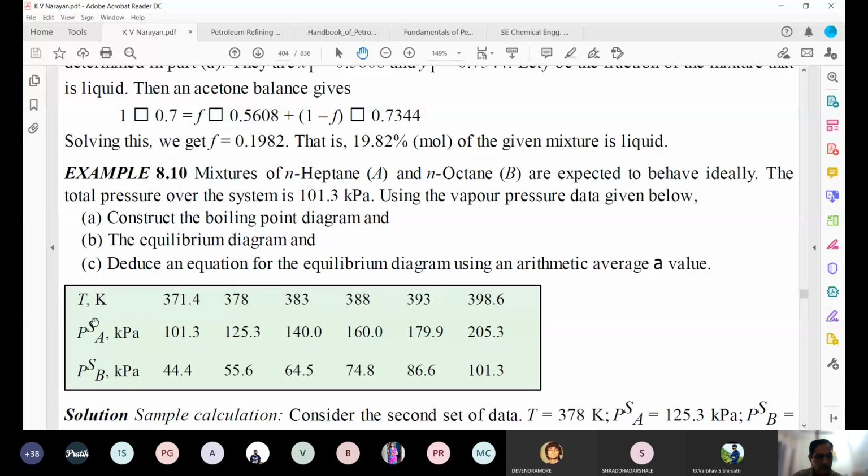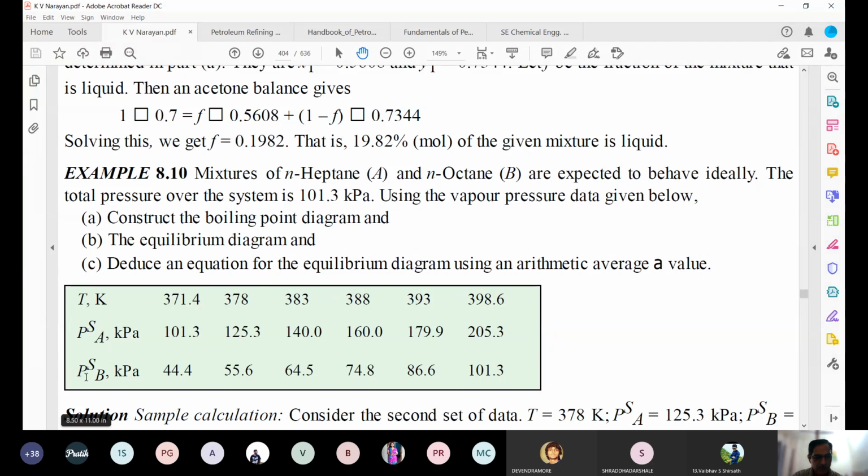Let us put it this way. So when you look at this one, PAS का total pressure is 101.3. Total pressure जो दिया है system का 101.3 दिया, right? Vapor pressure भी 101.3 है at 371.4 Kelvin. That means at this pressure 101.3, the boiling point of heptane is 371.4.